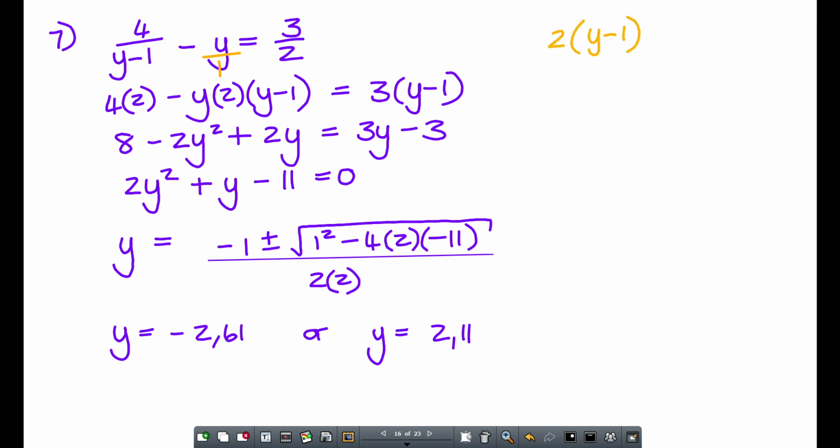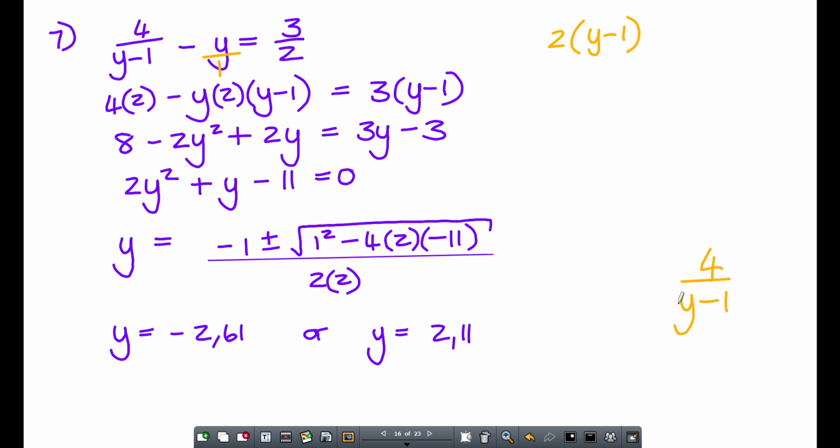Now, so let me just explain what I did. That 4 is what I had at the top, and then my denominator was already y minus 1, which means I had to multiply it with 2, nee? En dis hoekom ek bo ook gaan maal het met 2. Is julle reg daar? Okay. Ek gaan gou hom vir jou langs die kant skryf. Hy was mos 4 op y minus 1.